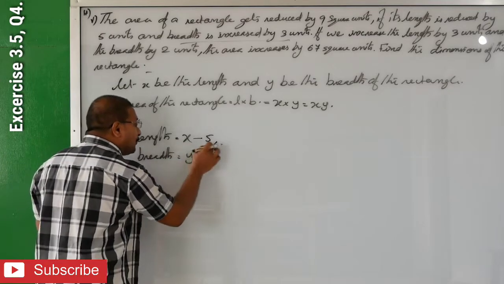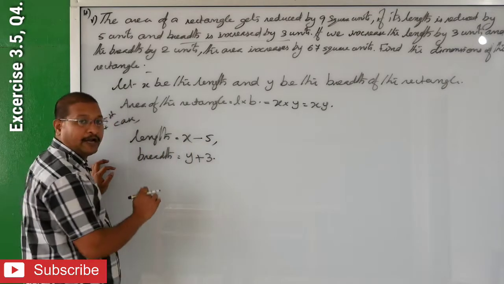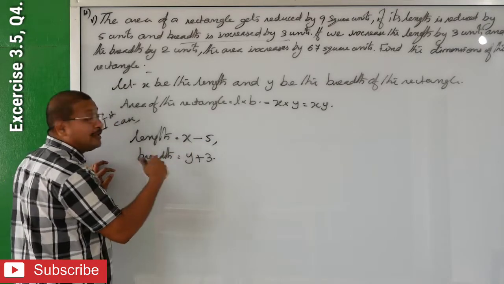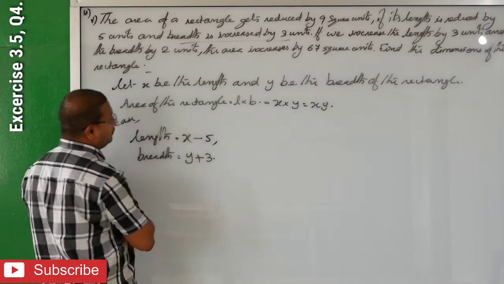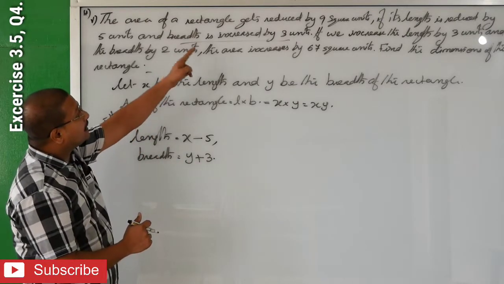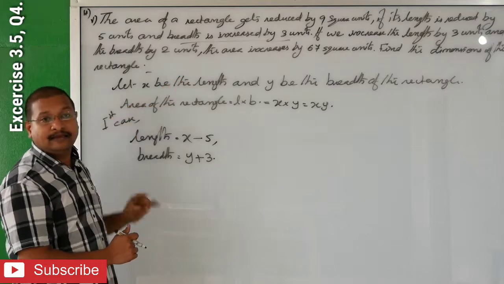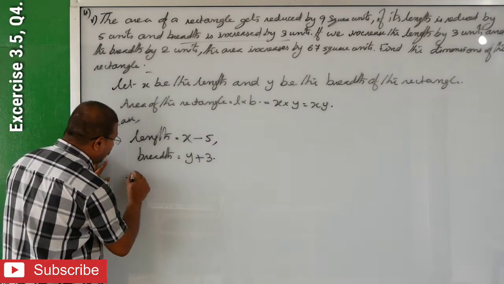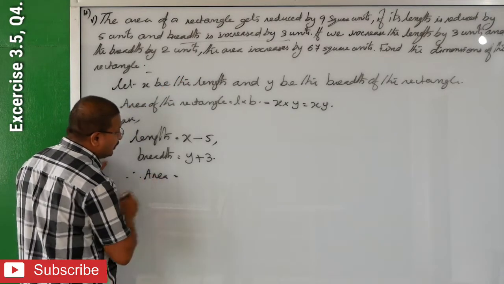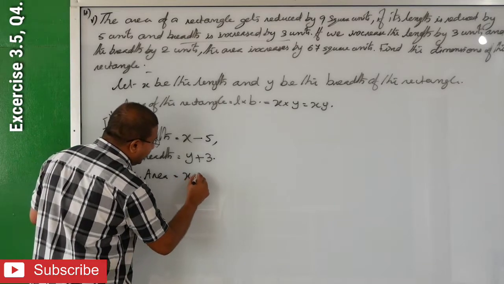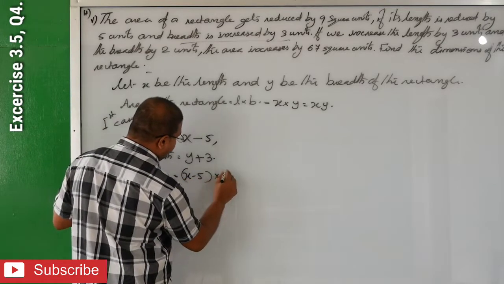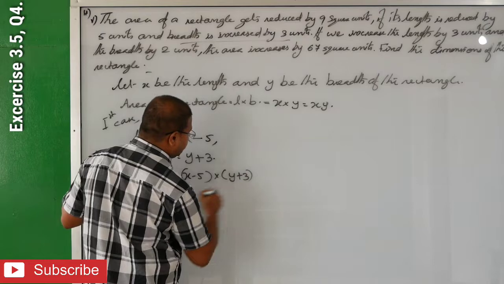Length reduced 5 units means x minus 5 and breadth increased by 3 units means y plus 3. That time the area is reduced by 9 square units. Therefore area means (x minus 5) into (y plus 3).